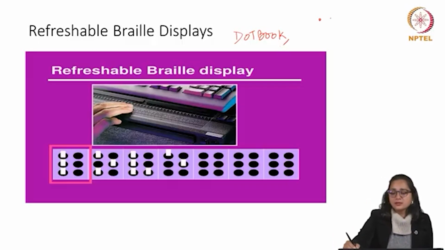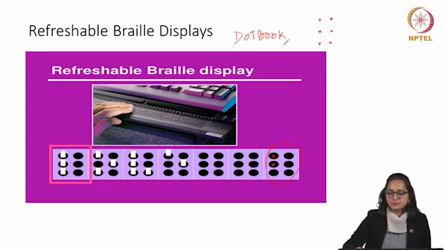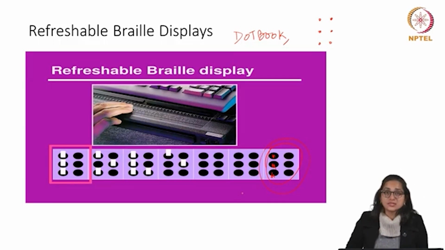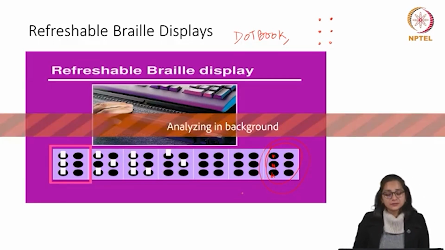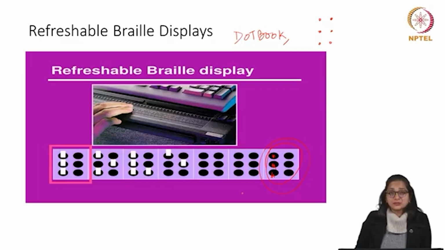And we all know that a braille letter is represented on a grid of 6. So if one pin is up, that means some letter. If these pins are up, that means some other letter. And it can keep changing according to each sentence and word, as per a digital file which is fed into it.